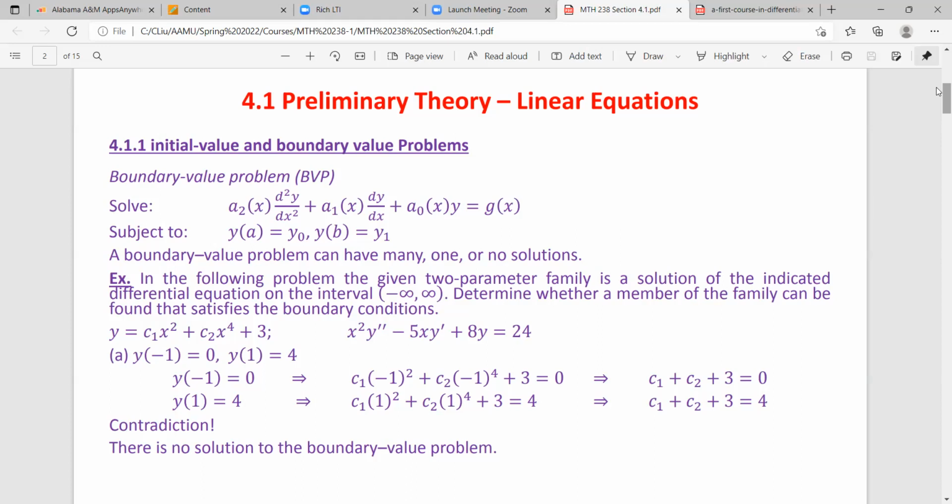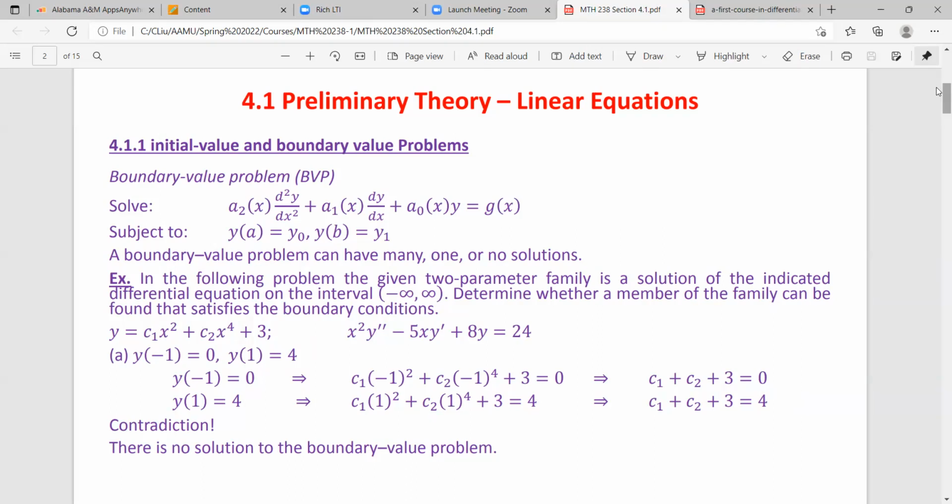You can see that the two boundary conditions are contradictory. In the first equation, we require C1 plus C2 plus 3 equal to 0, but in the second equation, C1 plus C2 plus 3 has to be 4.